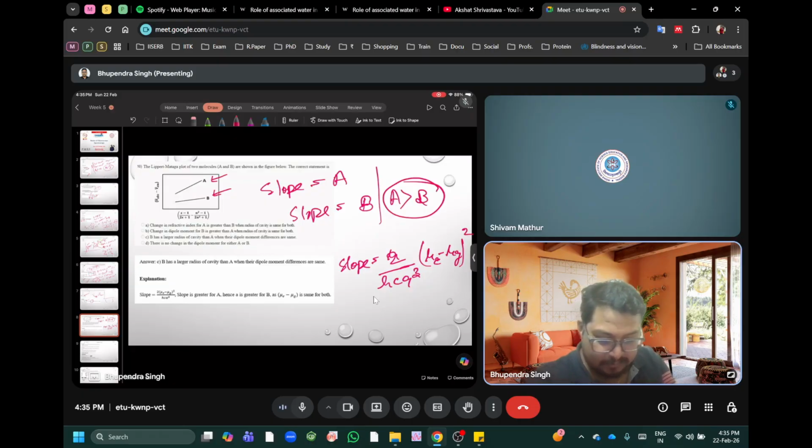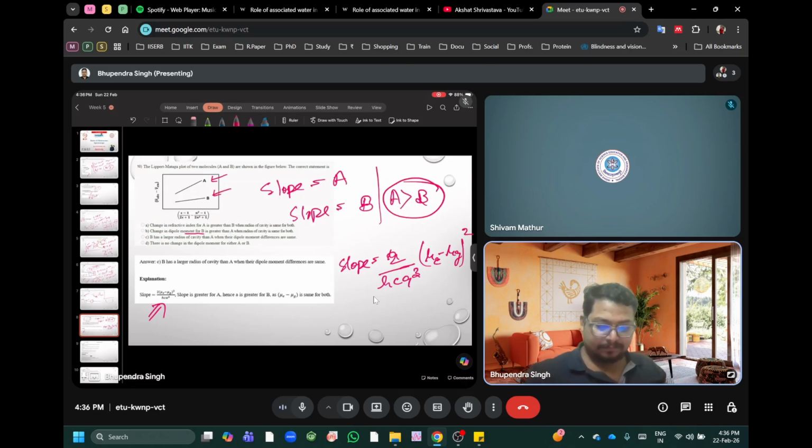See, B has larger radius of cavity because they are not comparing this in the question. Oh, slope is already written here. Oh, nice. So explanation, slope is already given.